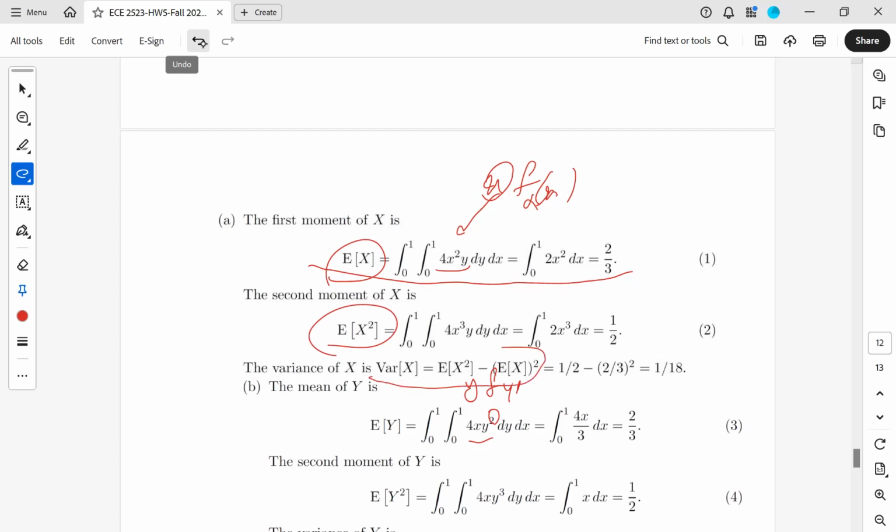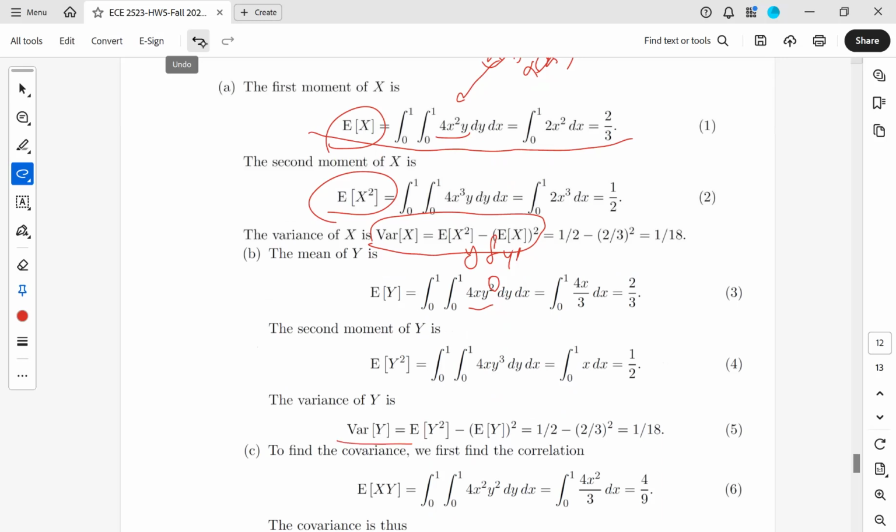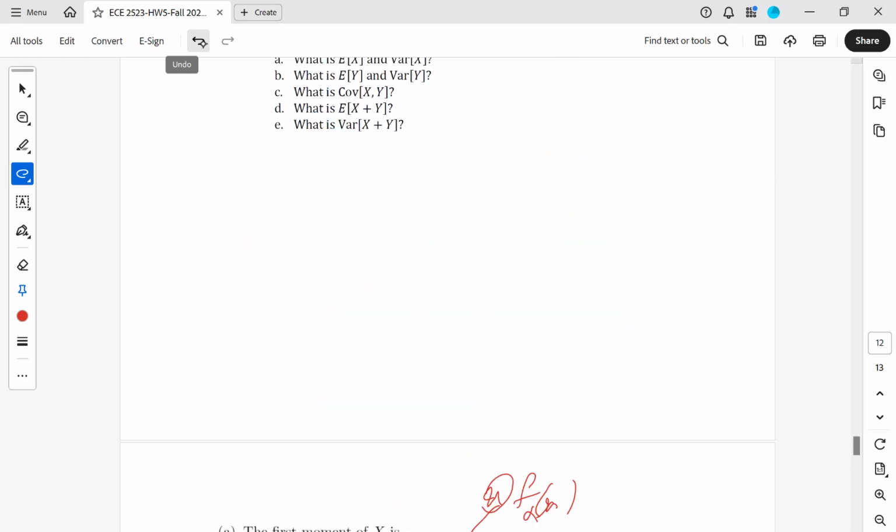So based on this formula, you could calculate the variance of x and y from your joint PDF. Any question about these two parts? How we approach that question? It is very straightforward. You just have to follow the formulas. Okay?